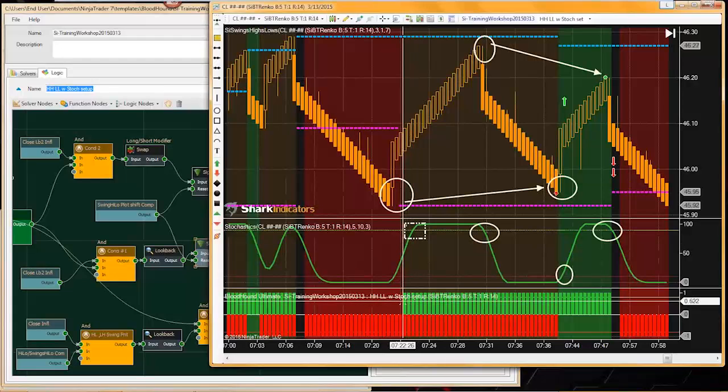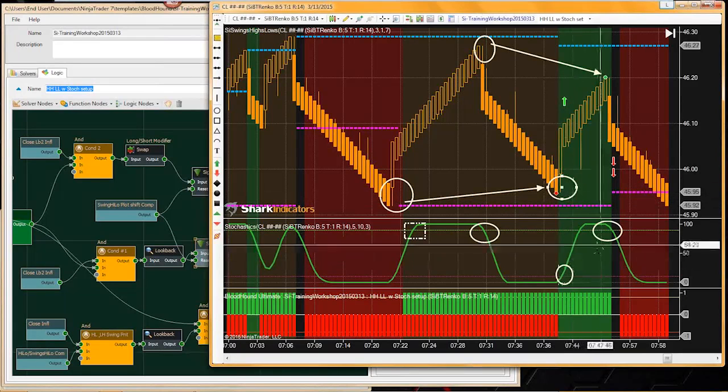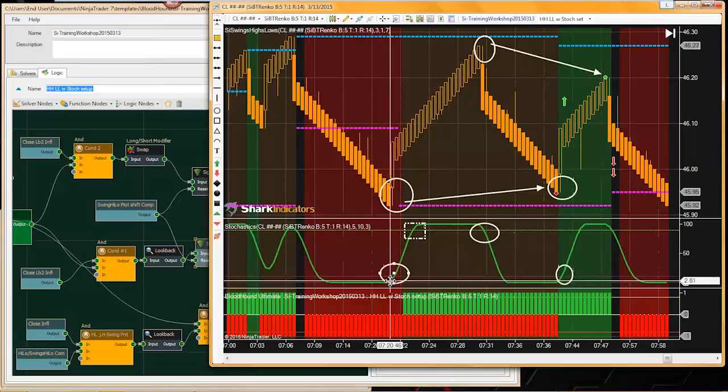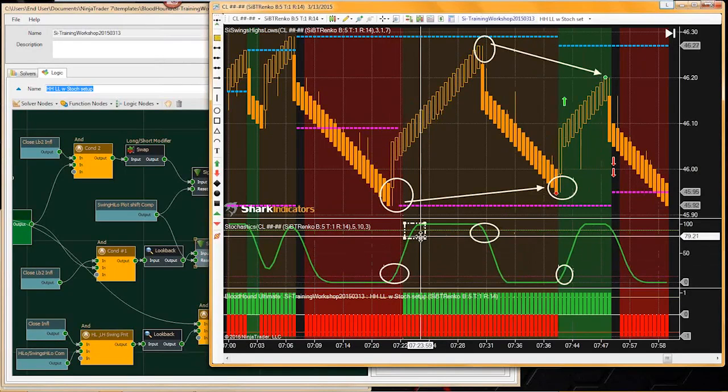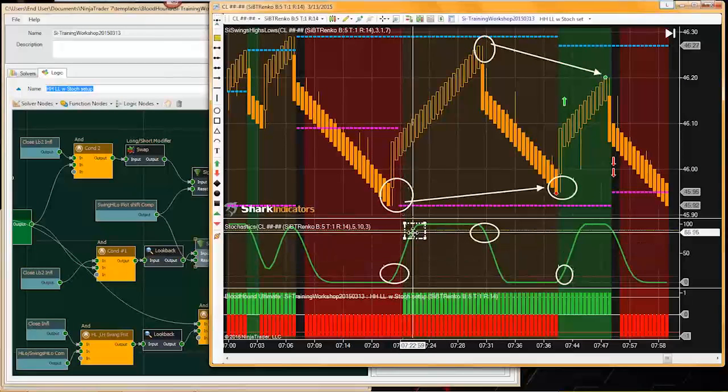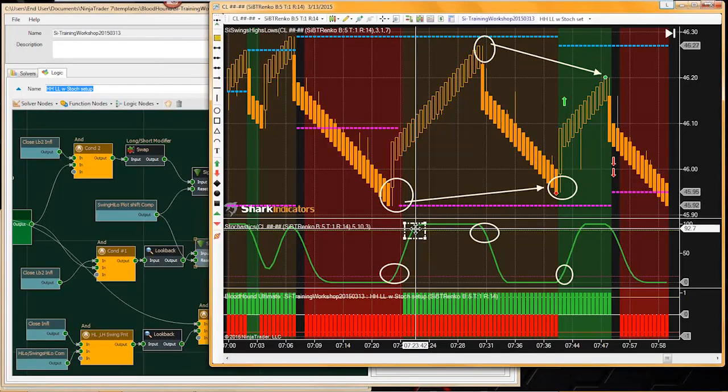We're getting this long output and extending it forward until condition 3 happens. And obviously if I use the stochastic crossing above 90 to turn off the signal extender, it's going to turn off too soon.